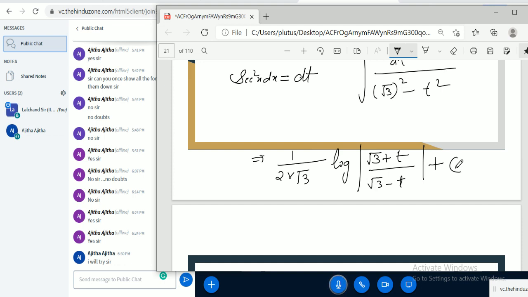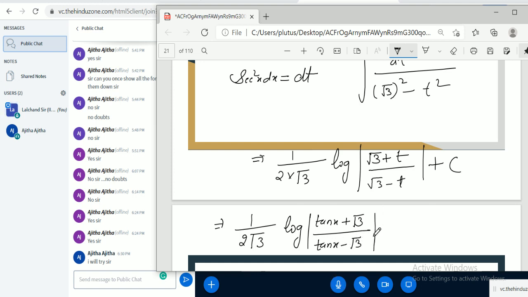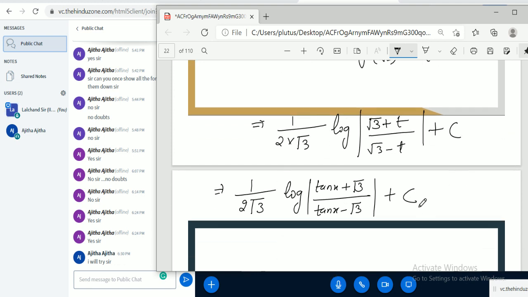What is the value of t? tan x. So we can write 1 by 2 root 3 log of (tan x plus root 3) over (root 3 minus tan x), plus c. Okay, this is the final answer.